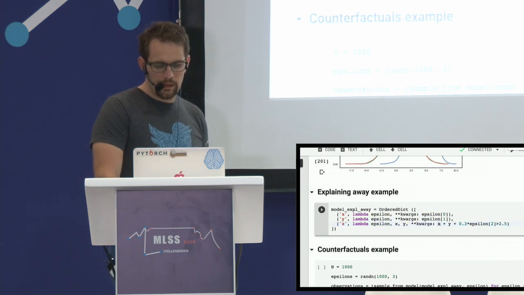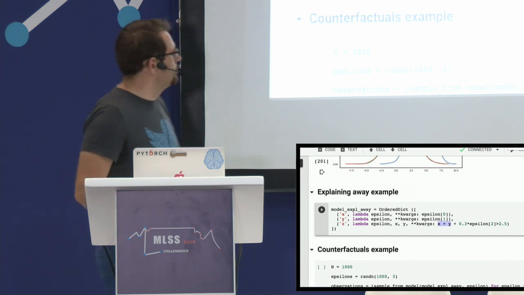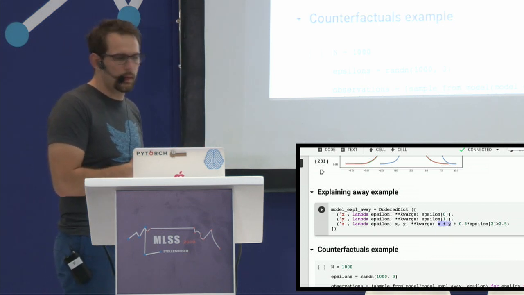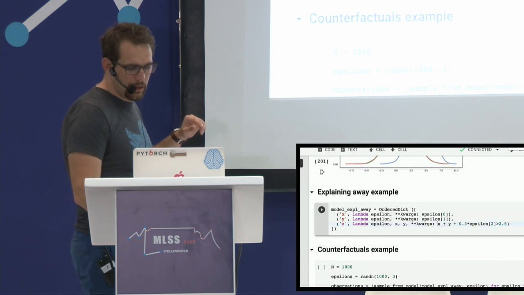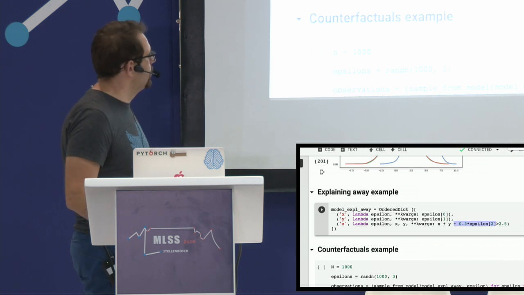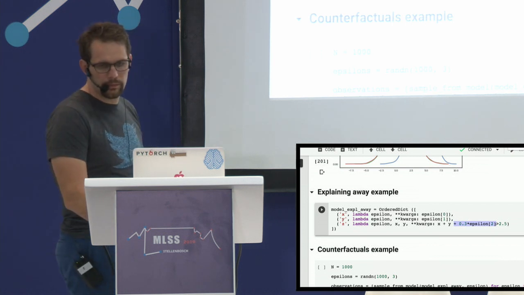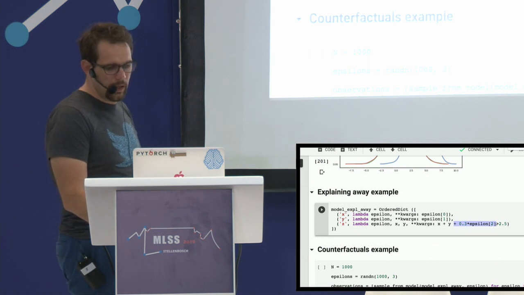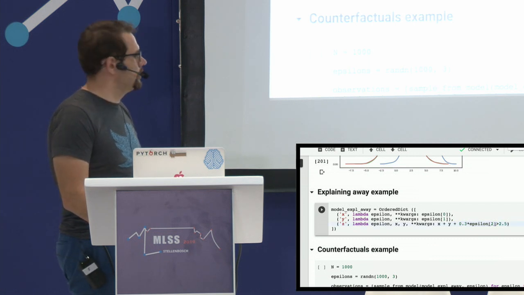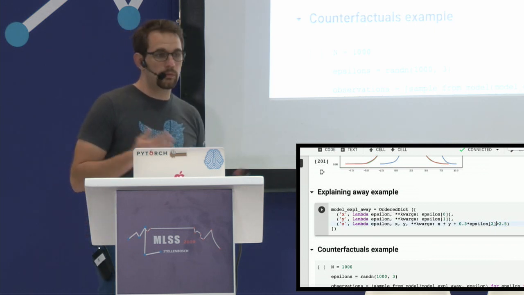It's not exactly the example from the slides. I'm going to say if x plus y plus a little bit of noise, 0.3 times the next epsilon, which is epsilon 2, the epsilon available to this function, if this sum is greater than 2.5, then z is going to be true.